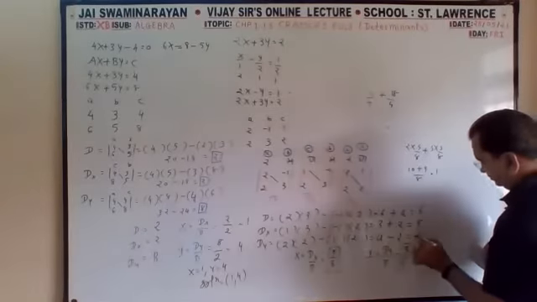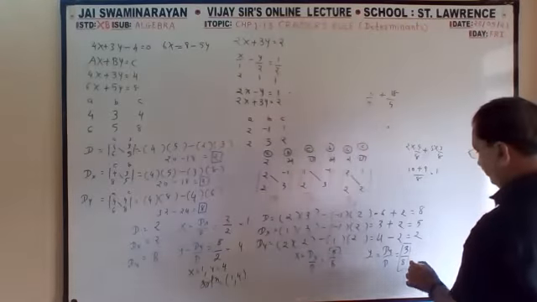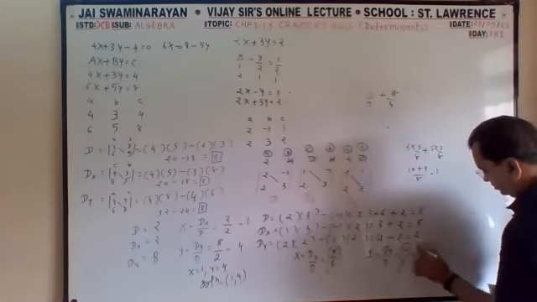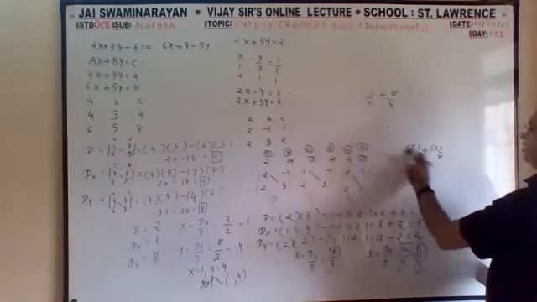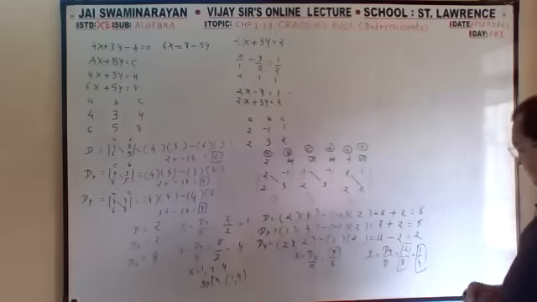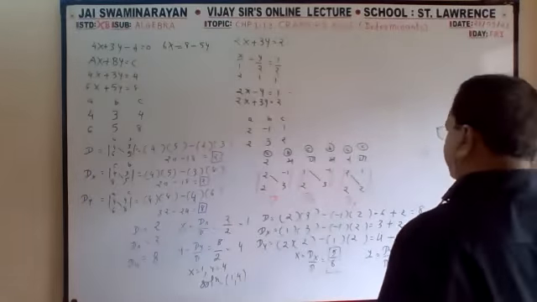Hmm. This is 2 Dy, so it is 1 by 2. Because when you substitute in any equation, it should be balanced, left side and right side. That's why my doubt was there.